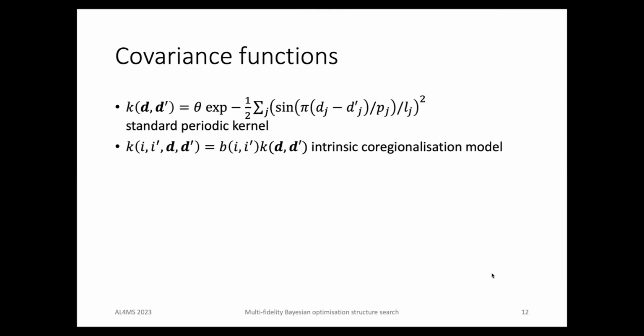And here are the covariance functions that we used in this study. So when we had single task data where the input is the rotations, we used a standard periodic kernel.